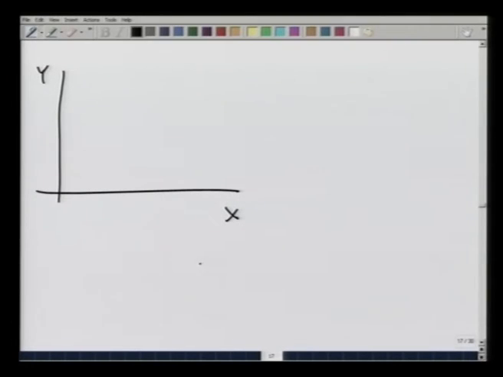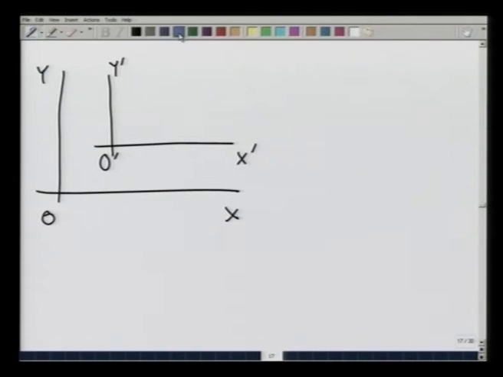So, let us take 2 set of axes x y with origin O and another set of axes x prime y prime with origin O prime.